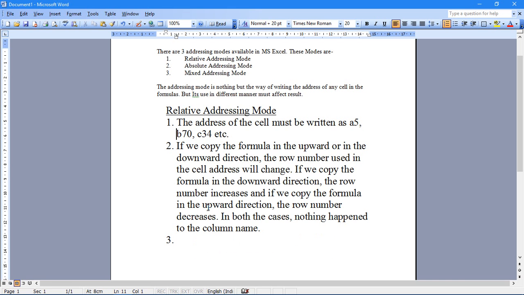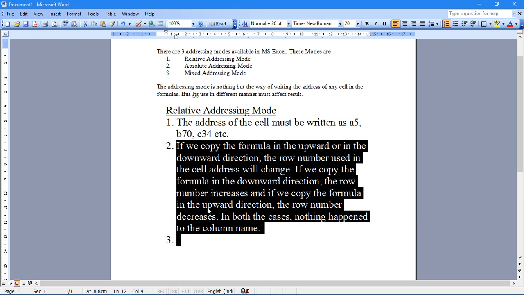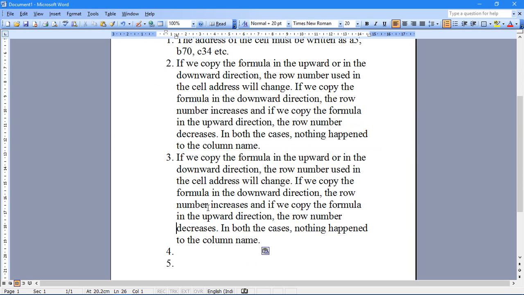But if we copy the formula in the rightward direction or in the leftward direction, instead of the row number, the column name used in the cell address will change.